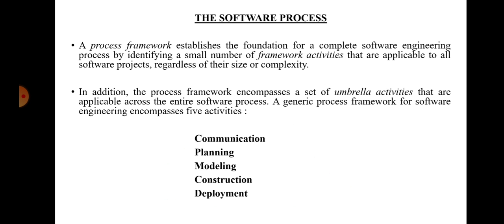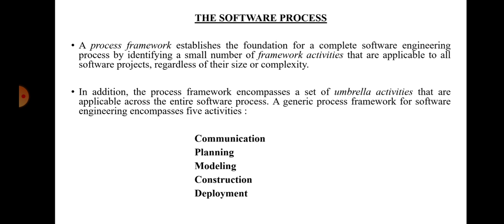So a process framework establishes the foundations for software engineering by identifying a small number of framework activities which are applicable to all software projects, based on their size and complexity. In addition, the process encompasses a set of umbrella activities which are applicable across the entire software process.